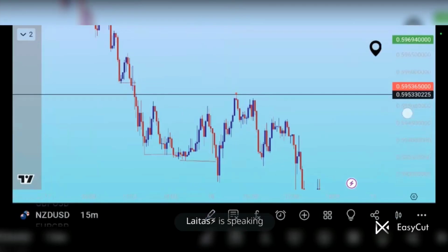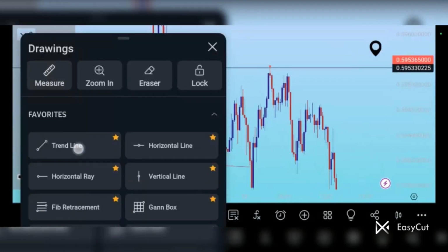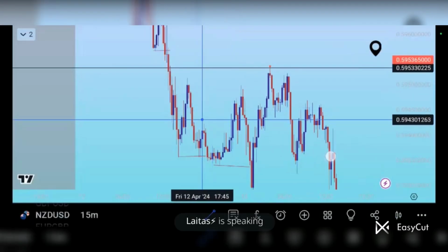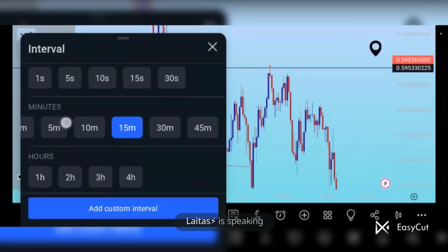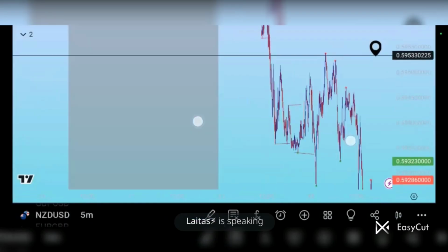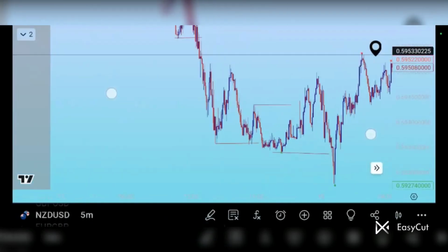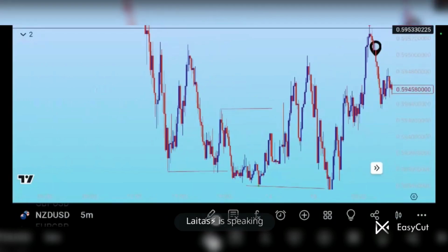So for this first break here, we have this liquidity. Let me go to M5. You will see very well. So you have this liquidity.